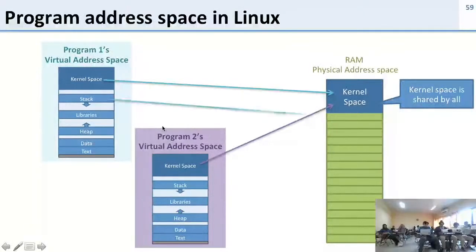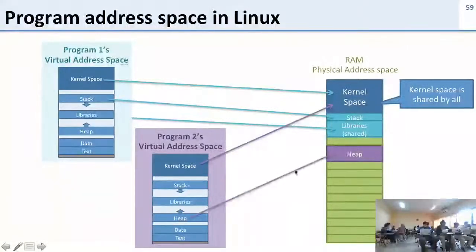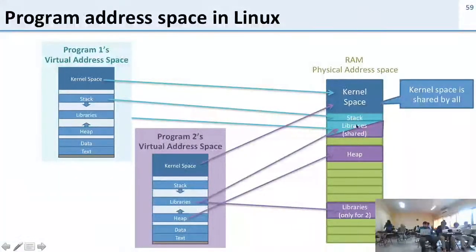Here in this case, we have the stack for program 1 mapping into here. We have some of its libraries mapping into here, we have the heap from this program mapping into here, and maybe its libraries are mapping partially into here, so shared with the libraries from program 1, and some of its other libraries are down here. And so by doing this, we can use our mappings, or our page tables here, to allow these two programs to have the same view of their private virtual address space, but share the physical address space in a secure way.